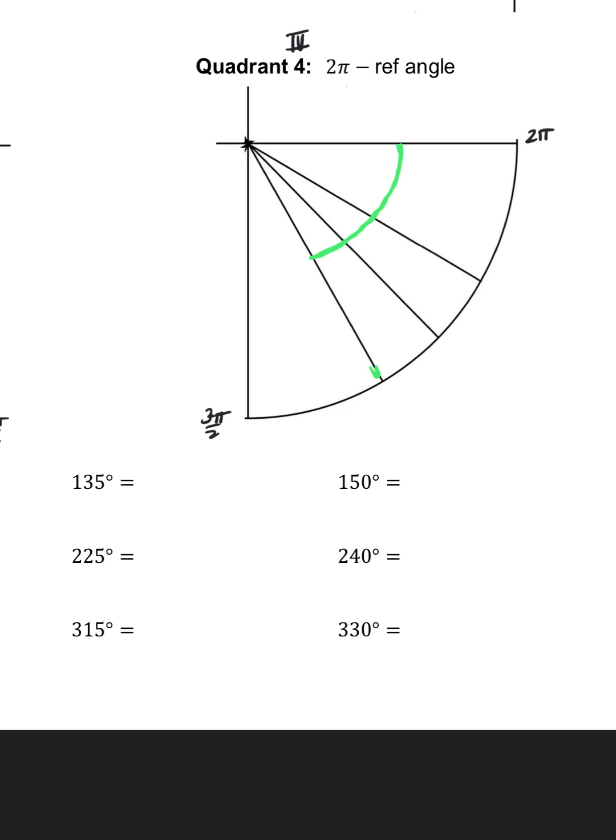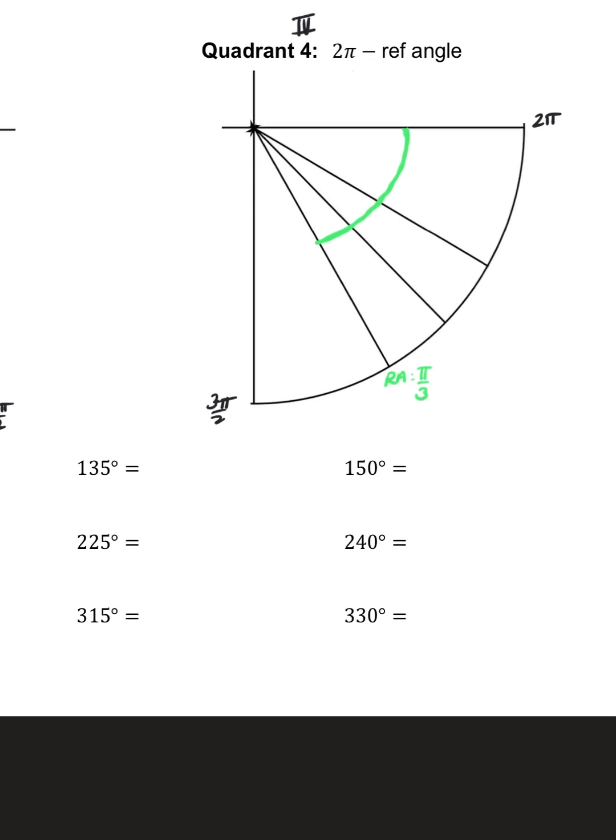Okay, so that reference angle is going to be pi over 3. Okay, so the angle itself. Now, a little different here because we're taking 2 pi and we're subtracting the reference angle. So I'll do it over here. If I have 2 pi minus my pi over 3, this time I have to still find a common denominator of 3, but I'm having to do maybe a little bit more work, but not really. Multiply this by 3 and this by 3.